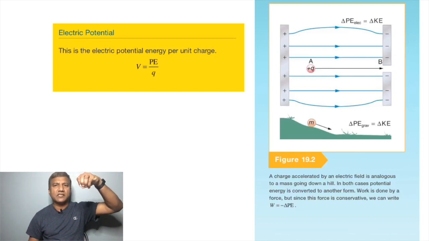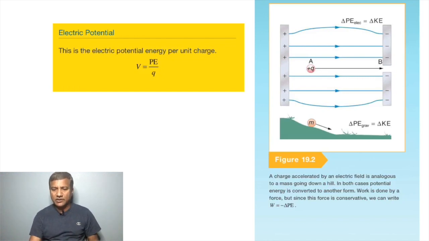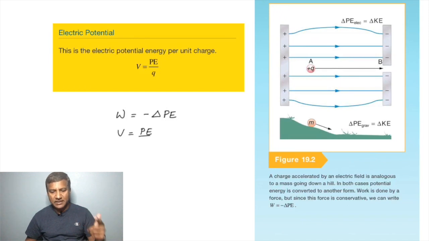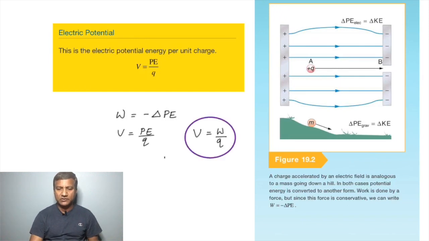At that height it has gravitational potential energy, but when it falls to the ground, the potential energy changes into kinetic energy. So the same is the case here. And so the work done is equal to the negative of the change in potential energy.